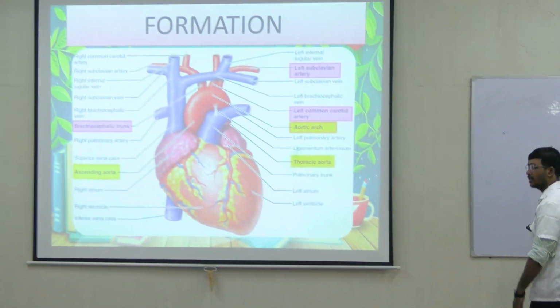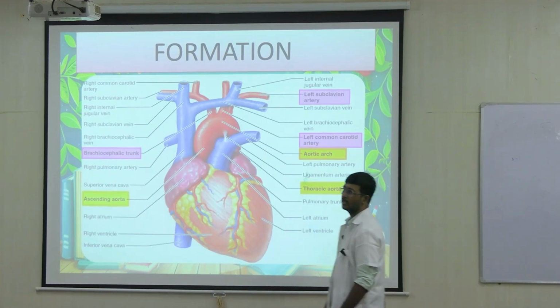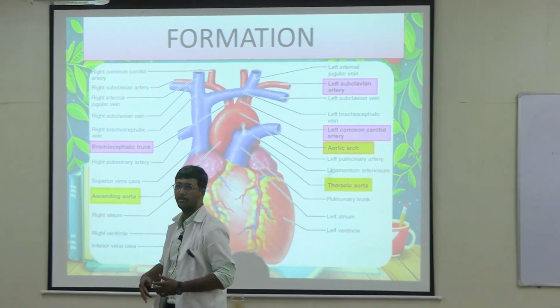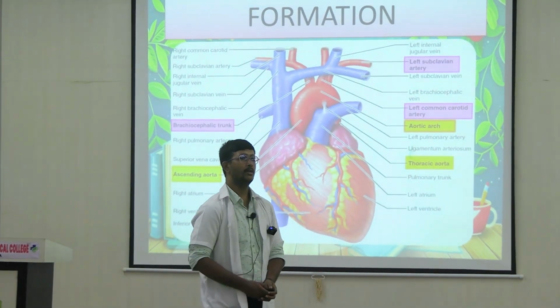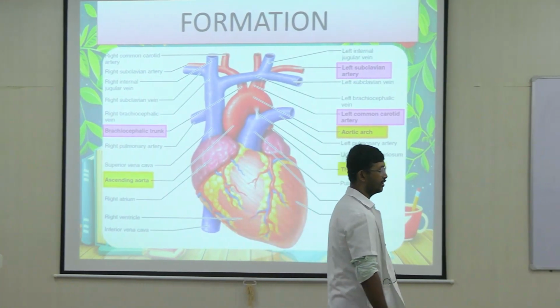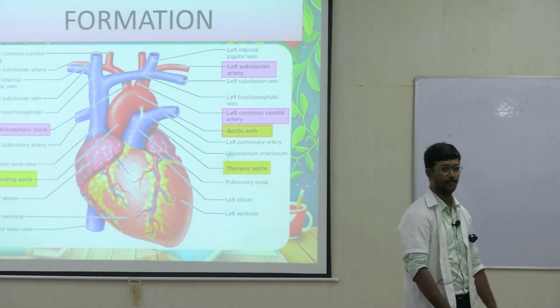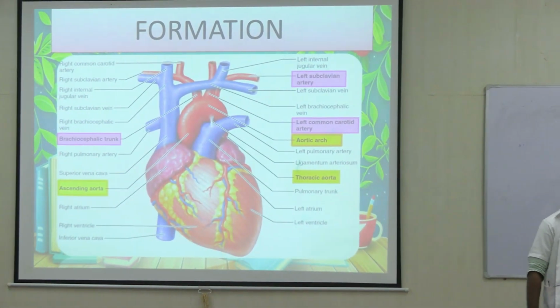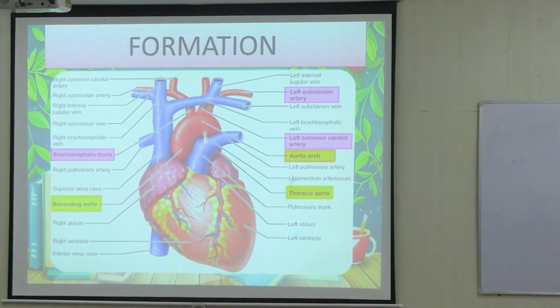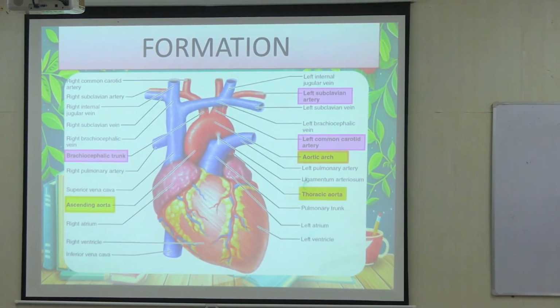See, first of all, let us try to understand how this artery structure begins in our body. Let us consider that the heart is a manufacturing hub. What does it manufacture? It helps in pumping blood.